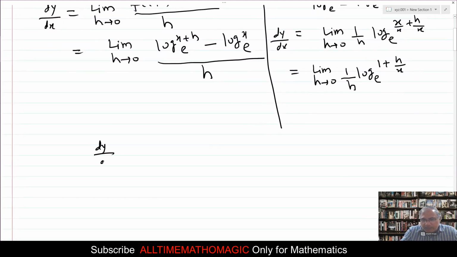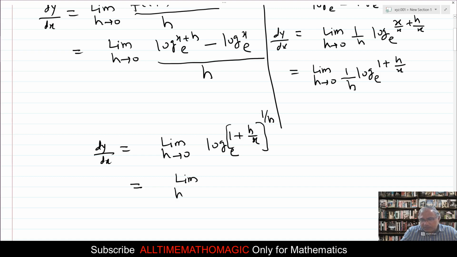So dy by dx equals limit h tending to 0 log 1 plus h upon x to the base e. Here we can write the whole raised to 1 upon h. This equals limit h tending to 0 log 1 plus h upon x to the base e, and the index is there.